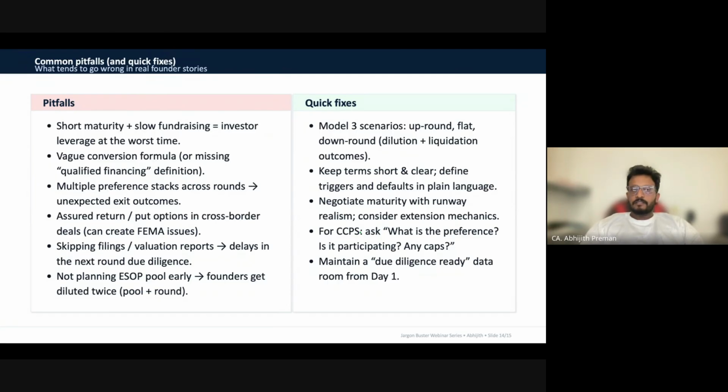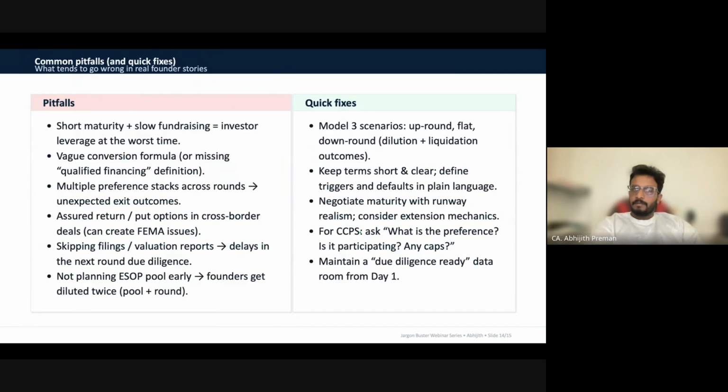Then, multiple preference stacks around rounds and unexpected exit outcomes. So if you are giving the liquidation preference, or preference to the preference shareholders, and there are multiple levels of preference, okay, so in that case, what happens, or we are giving 2x preference to the investor, which means that an investor who puts in 1 crore should ideally get 2 crore back, and after that only the exit amount would be distributed in the shareholding ratio.